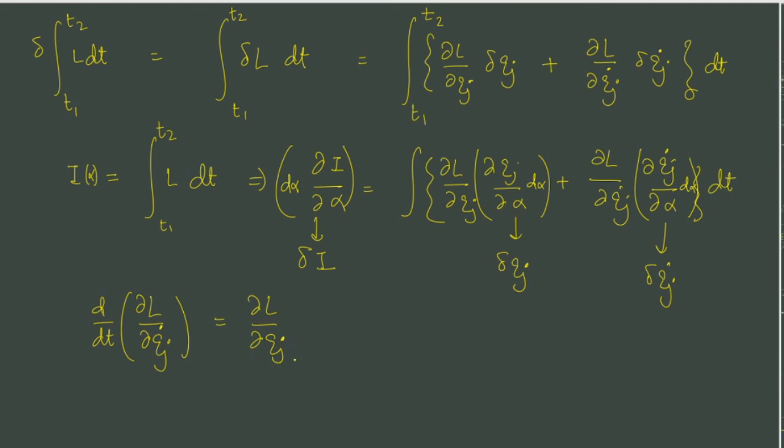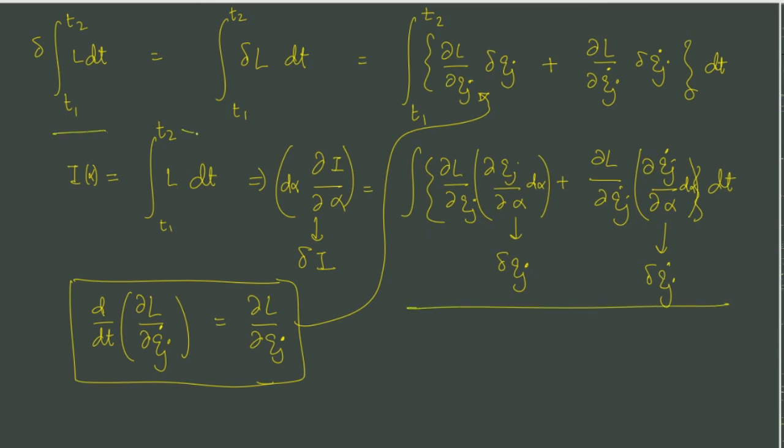That always holds. And our variation is about the true path, so we are allowed to use this substitution here. So what we get from this expression, we will separate it out.